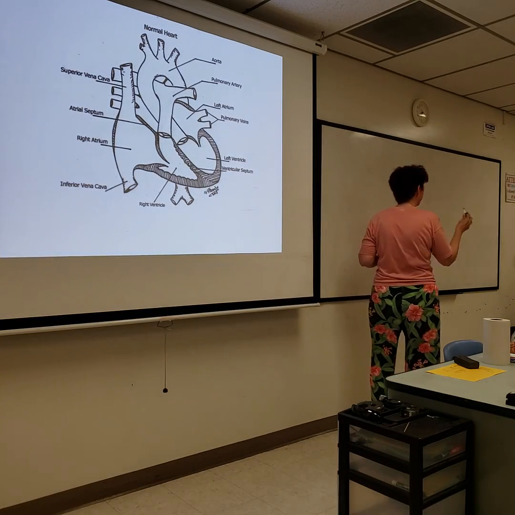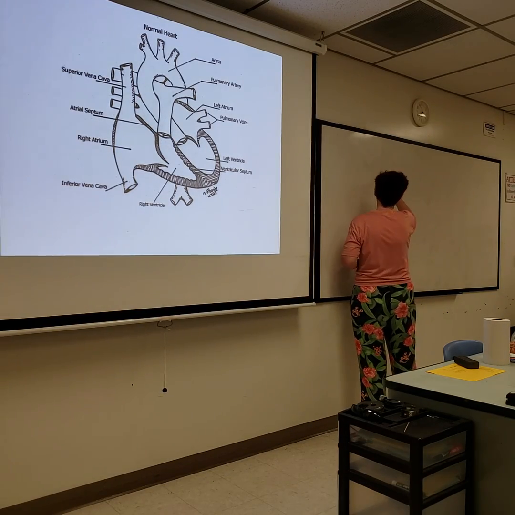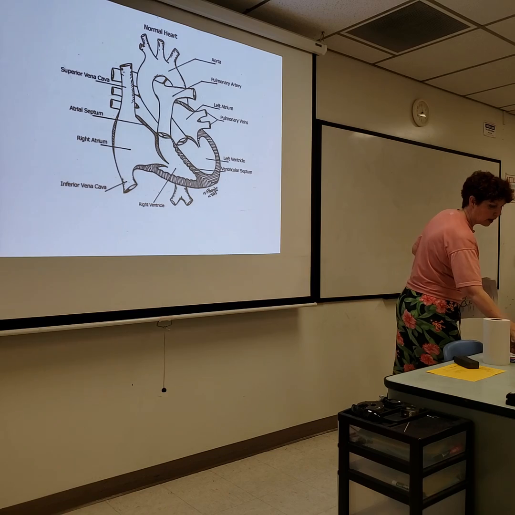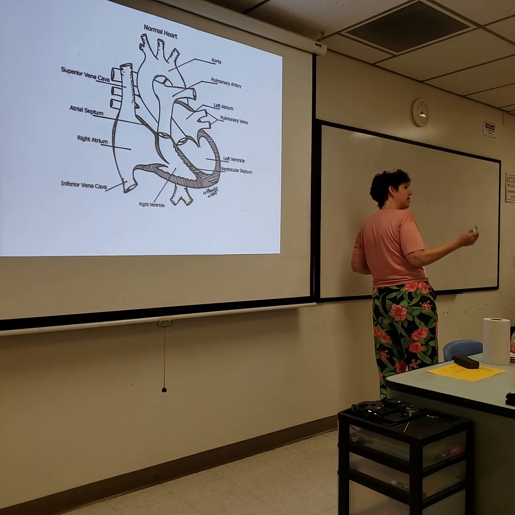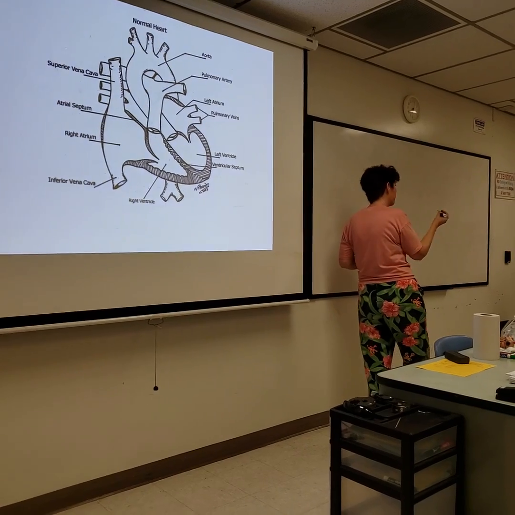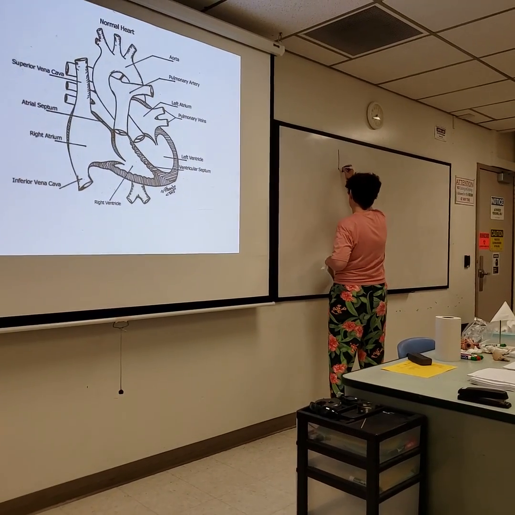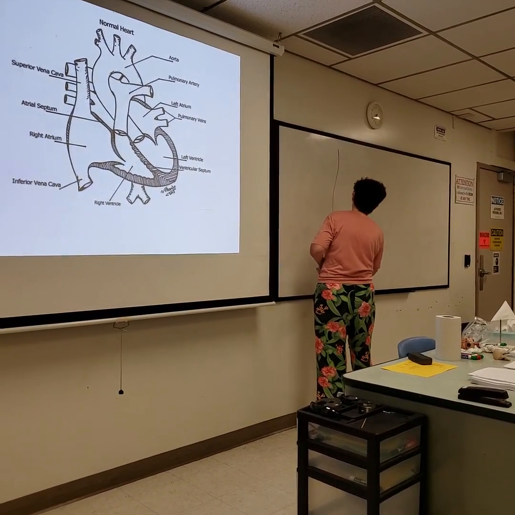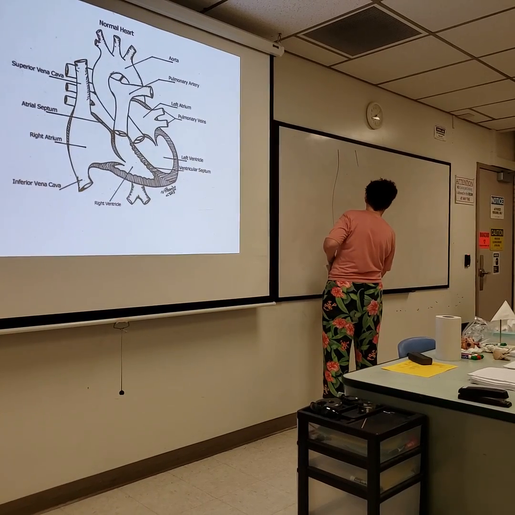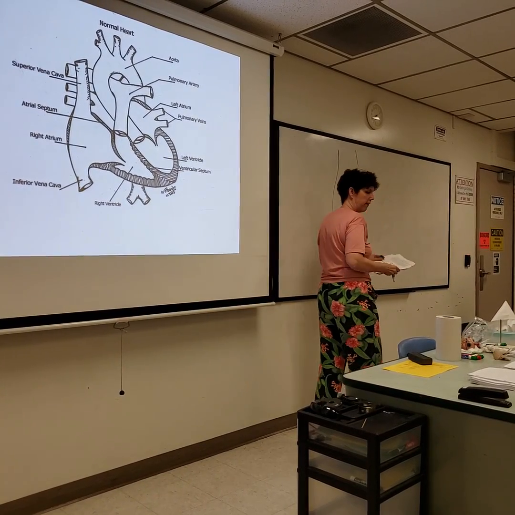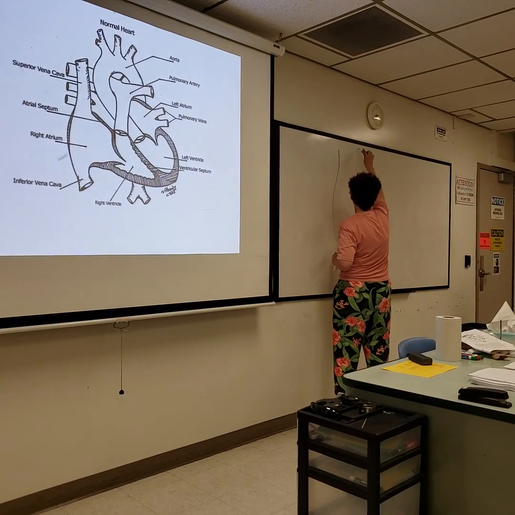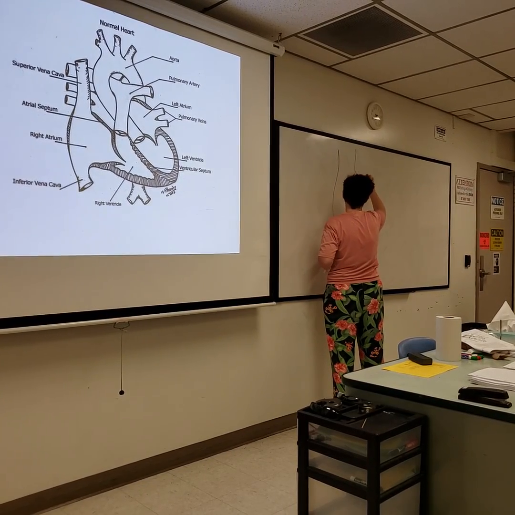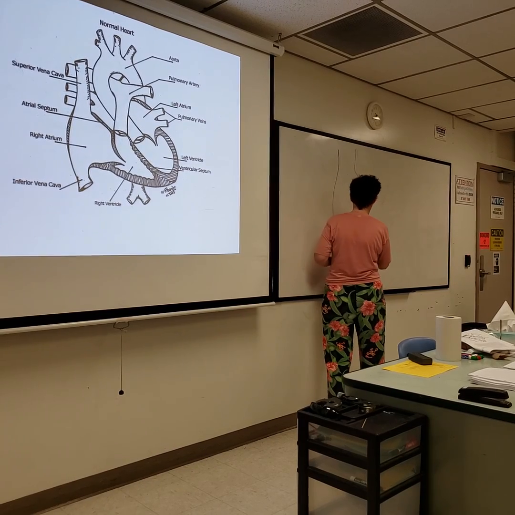But on the right side of the heart, the right side is our deoxygenated blood side. Not unoxygenated, because it has about 40% oxygen down from 100. So it's receiving blood from the upper portion of the body, upper limbs, and head and neck, and from the lower.